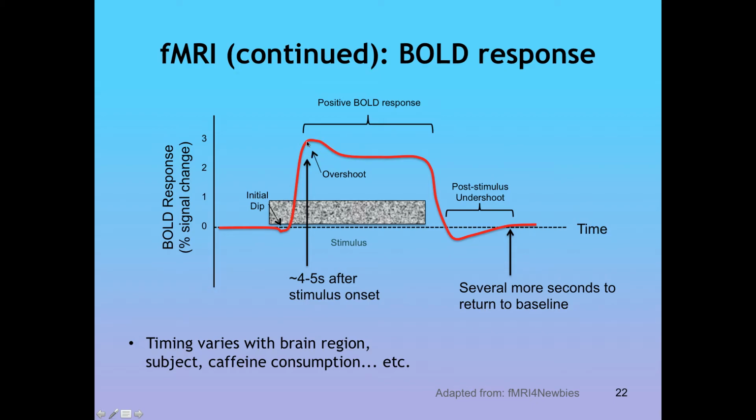We get a peak in the BOLD response around 4 to 5 seconds after the stimulus is turned on, and then after the stimulus is turned off, it takes a little while, several more seconds, to return down to baseline activation. And this timing differs for different brain regions, different people, different times of day.